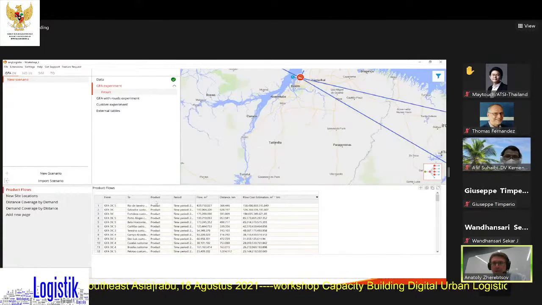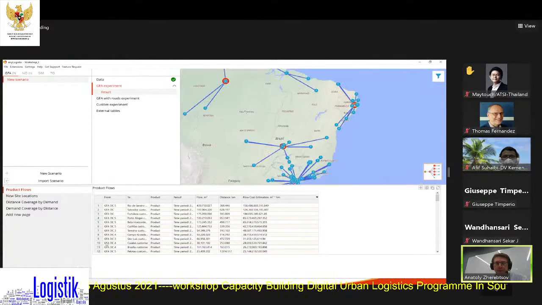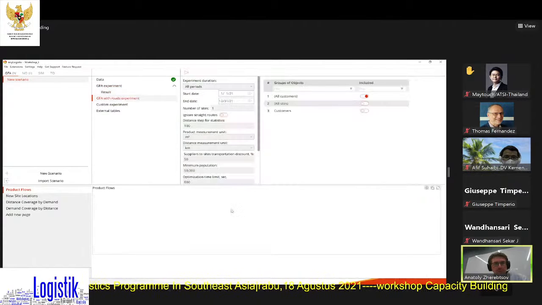And then you can find different options based on your insights on availability of facilities in this area, availability of labor, and so on. But also, we have the GFA with roads experiment, which is a bit more sophisticated.